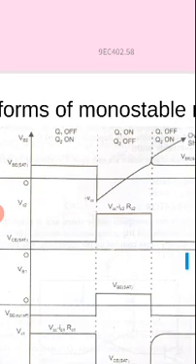For VB2, if transistor Q2 is on, it gives VB sat value. If Q2 is off, it gets minus VCC at the base of transistor Q2.